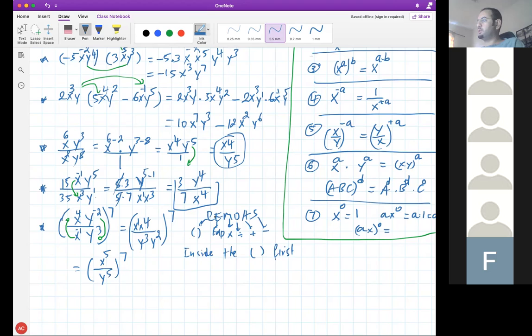And once we're done with the parentheses, we're going to see what to do with the exponent. Basically, the 7th power belongs to the entire fraction. As we saw when we first talked about exponents, we can split this. Instead of writing the entire fraction to the 7th power, we could write x^5 to the 7th over y^5 also to the 7th.